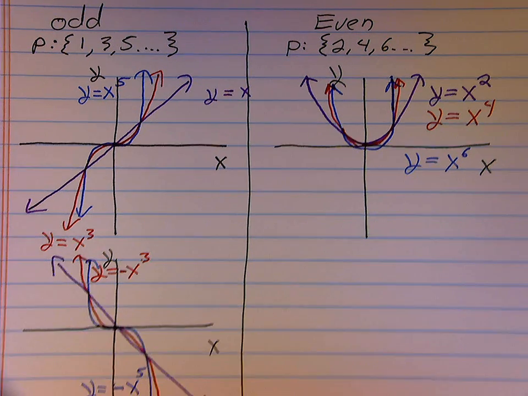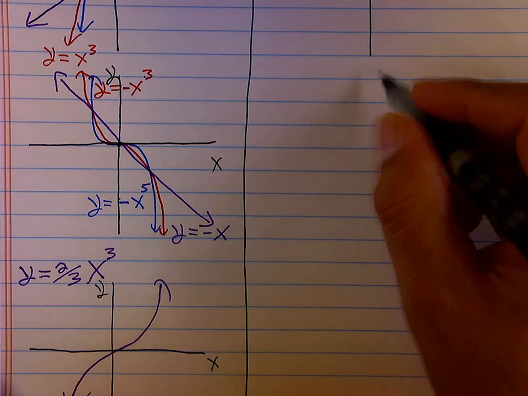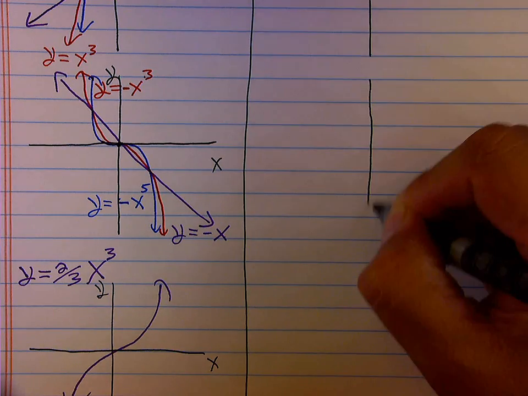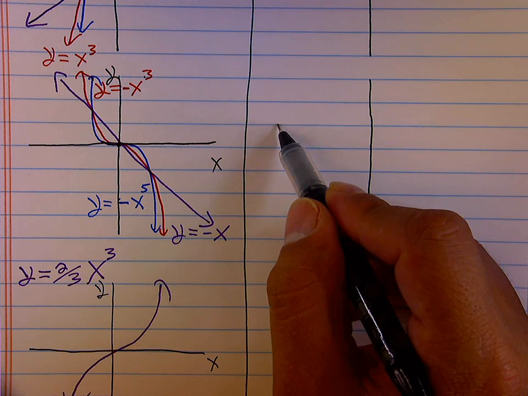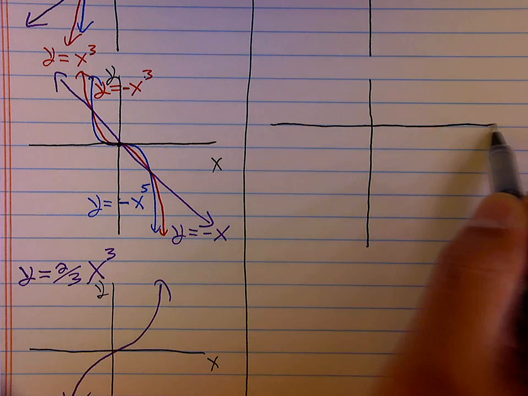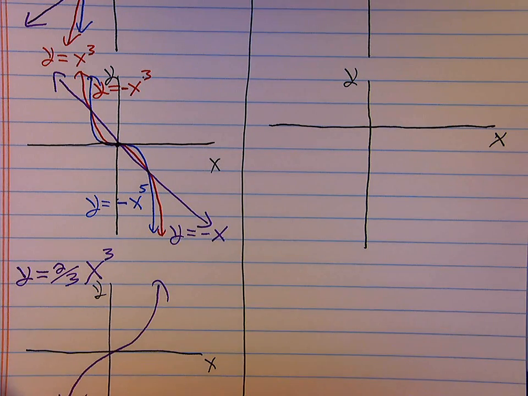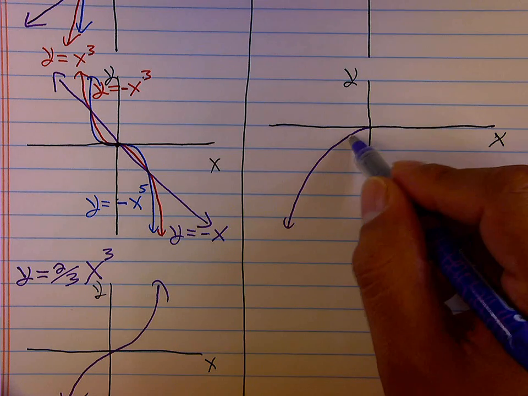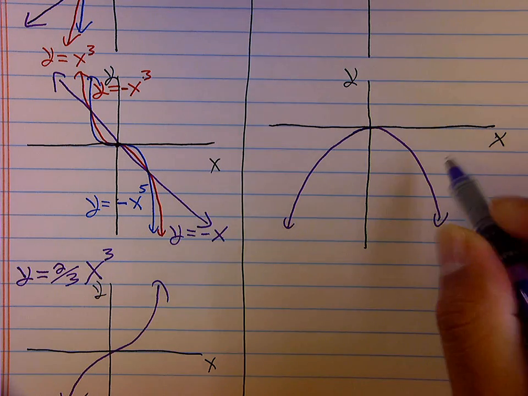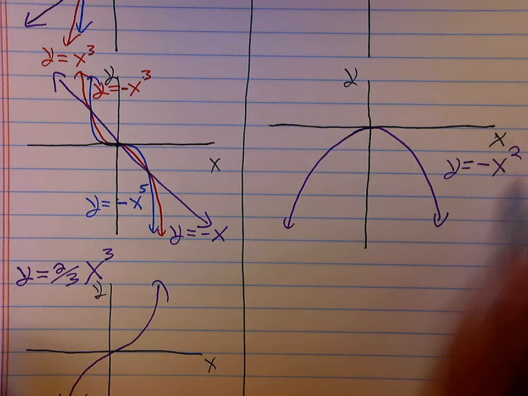As well, if I'm dealing with a negative, you know that a negative parabola opens down. So I'm going to tell you that all negative even power functions open down. The parabola with a negative in front.